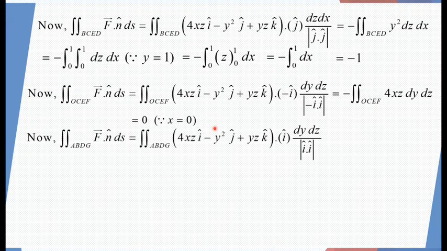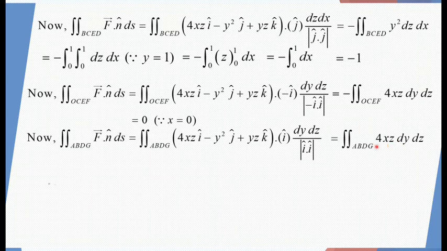And now the last one, the double integral over ABDG of vector f dot n cap dS. Now it is in the forward position. So the n cap will be i cap, and in this particular case x is equal to 1. So when we make the dot product, it will be the double integral over ABDG of 4xz dy dz.